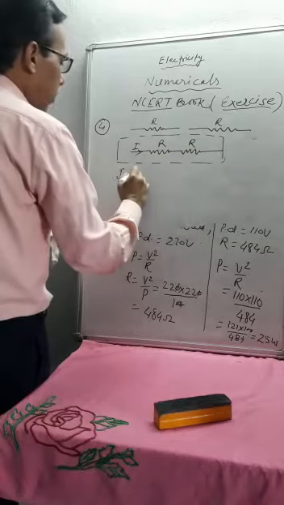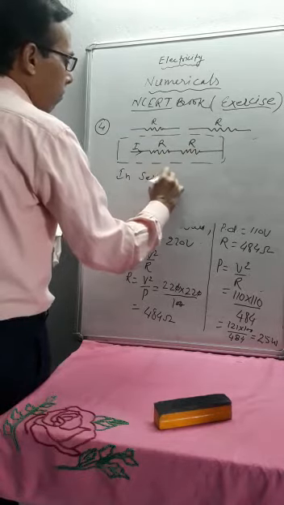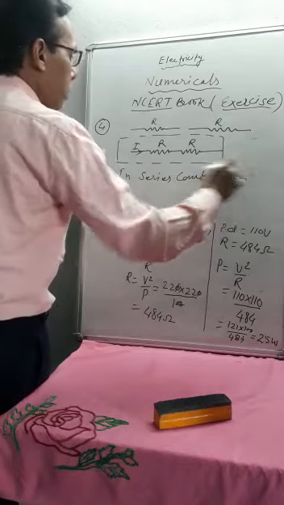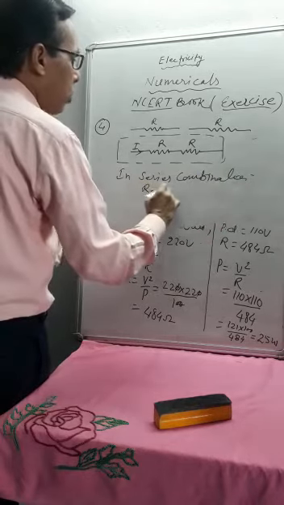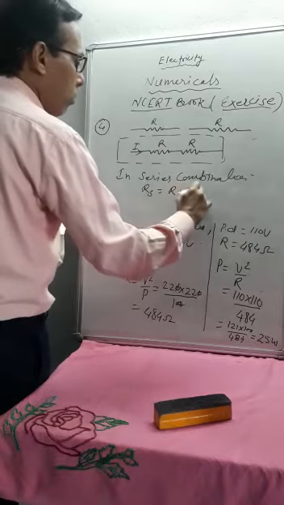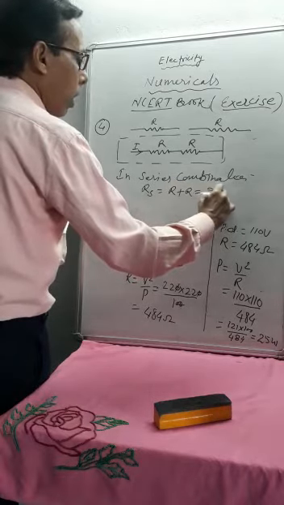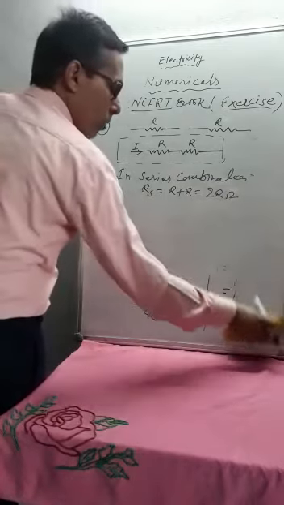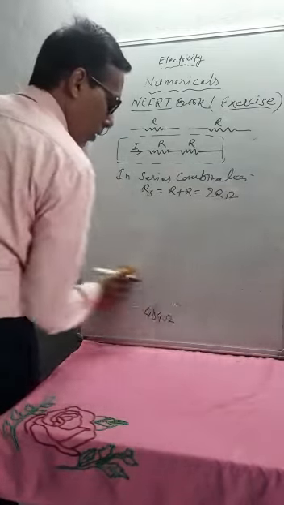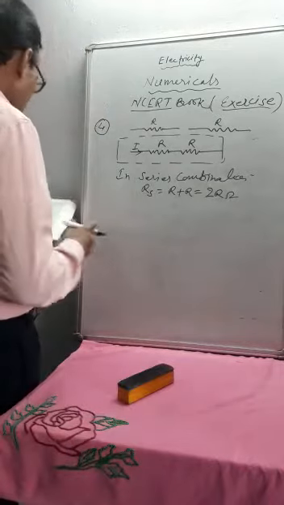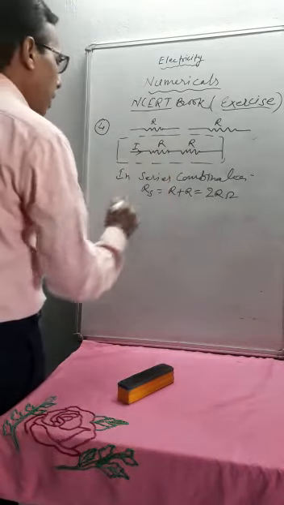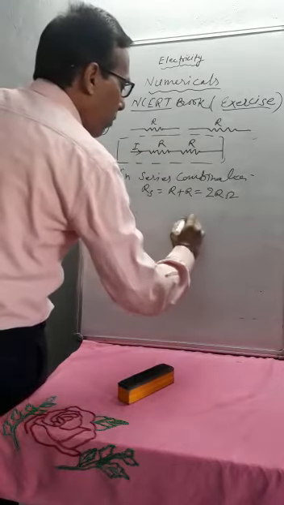In series combination, Rs is equal to R plus R is equal to 2R ohm. Now these two resistors are again connected in parallel.